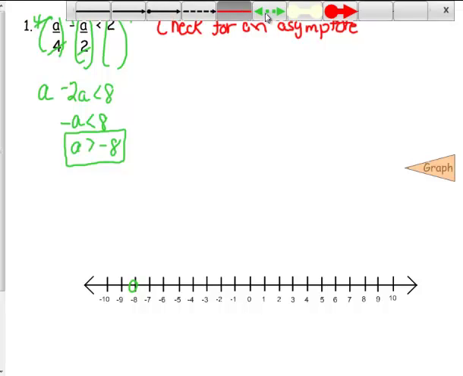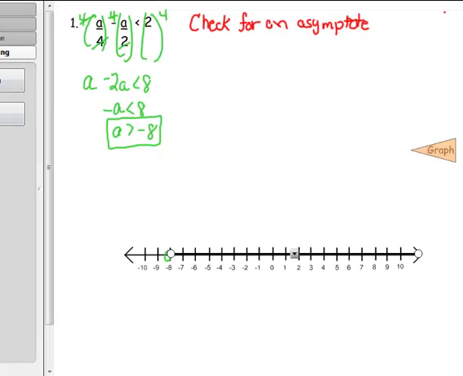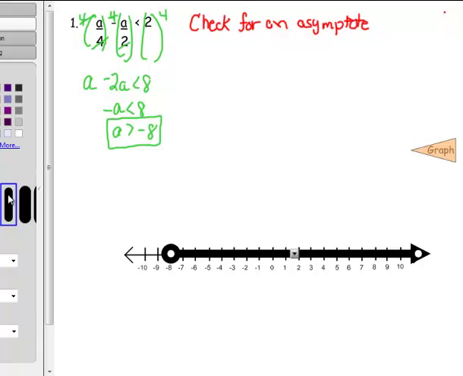So that means I would graph that way on the number line. Let's make that bigger so you can see it. Let's come over here. Let's make that line bigger.